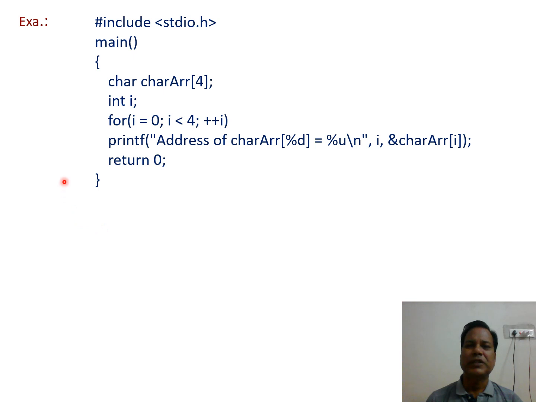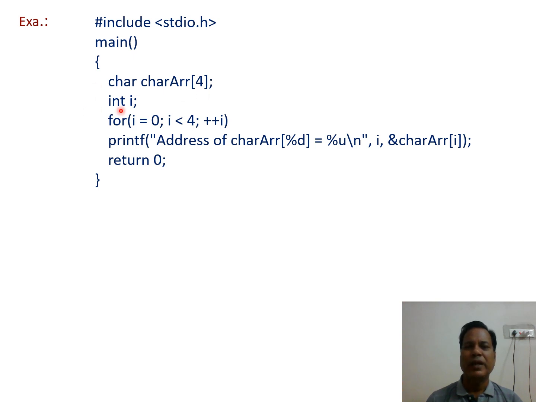So in this example program, we are familiar with the first statement, that is used to include the standard input output .h header file in our program. Then within the open and close braces of the main function, the first statement declares a character type array char that can contain four elements, four characters.